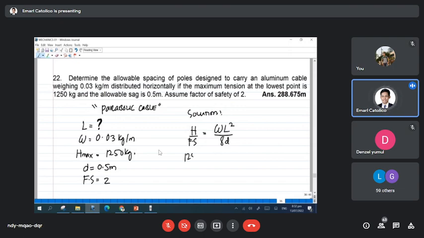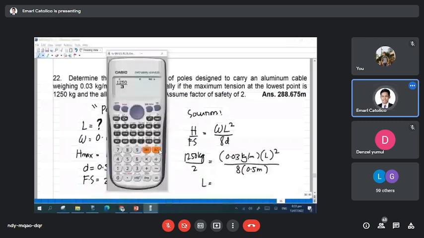So 1,250 kilogram over 2 equals 0.03 kilograms per meter times L, which is what is missing, squared, over 8 times 0.5. So L is 288.675.